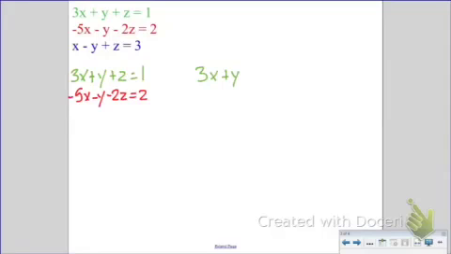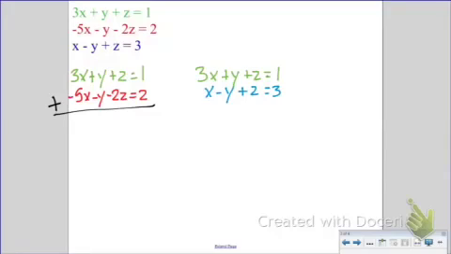If you want to, set it up ready to go on the other side, repeat it. 3x plus y plus z is equal to 1. And now the blue one, x minus y plus z is equal to 3. So these are the two that I'm going to set up for elimination.